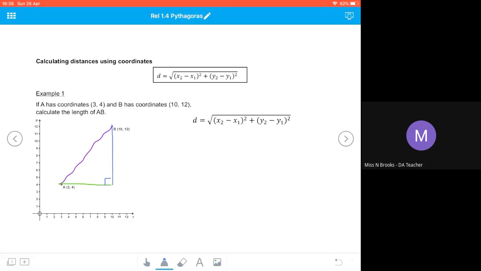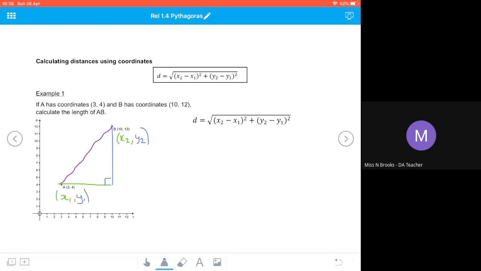So that means that my x1 is the 3, and x2 is the 10 of my B coordinate, and my y1 is the 4 of my first coordinate A, and y2 is the 12 of coordinate B. And now I'm going to substitute them into my formula.